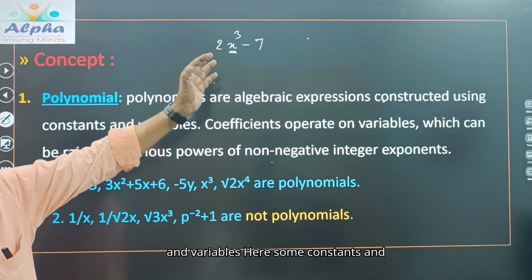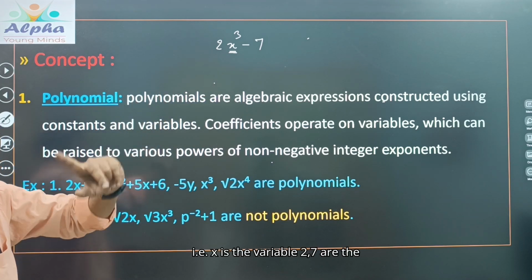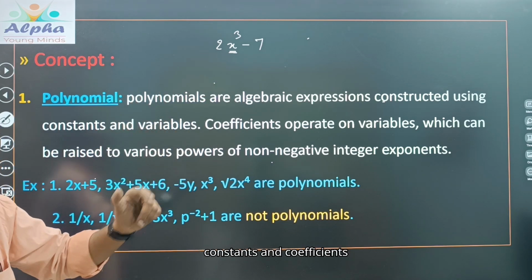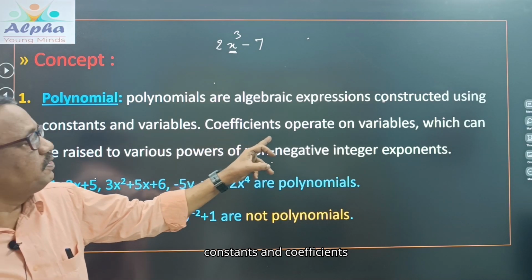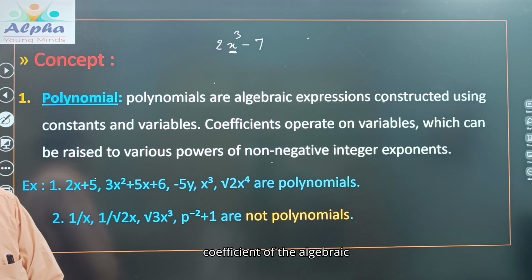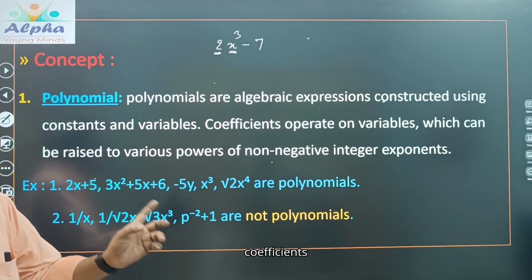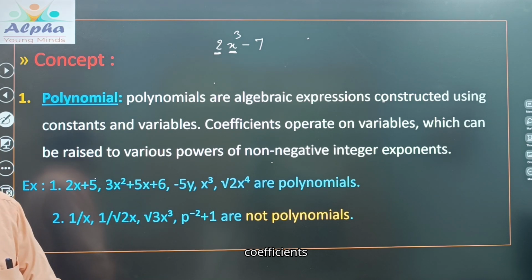Here are some constants and variables present in the expression. That is, x is the variable, 2 and 7 are the constants, and coefficients operate on the variable. Here, what is the coefficient of the algebraic expression? 2. The coefficient operates on the variable.